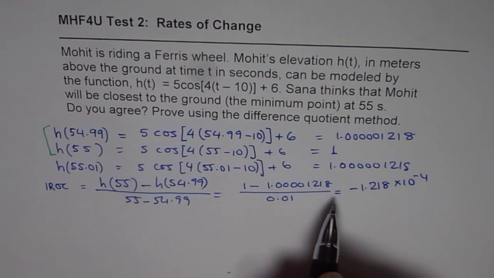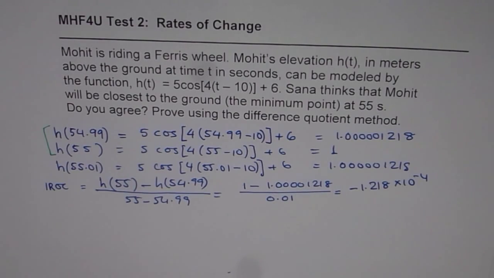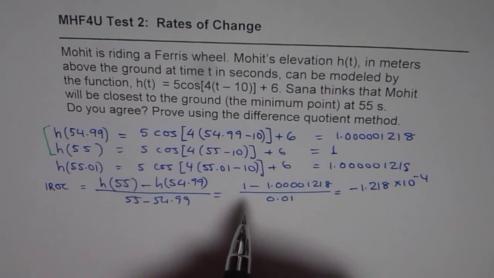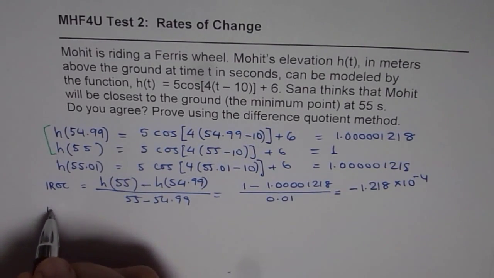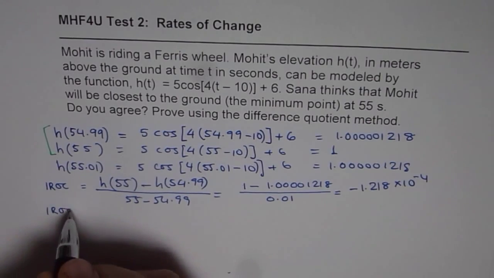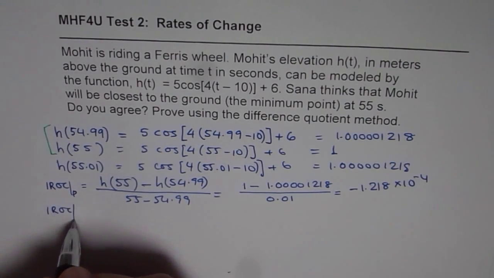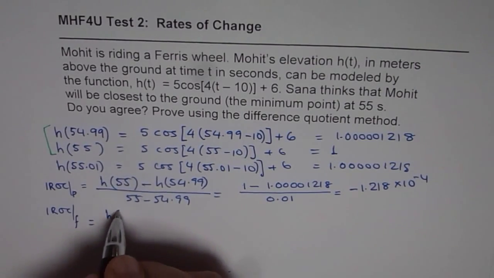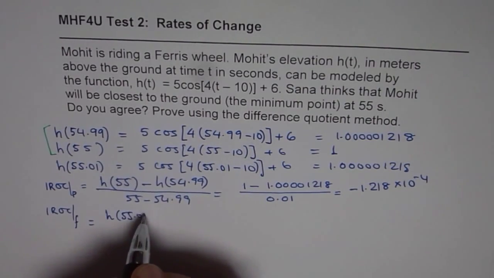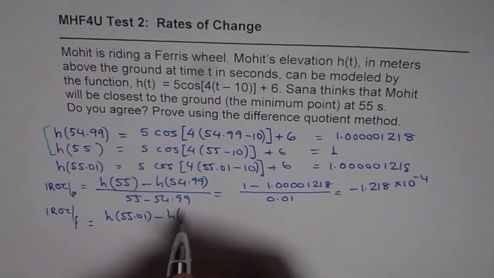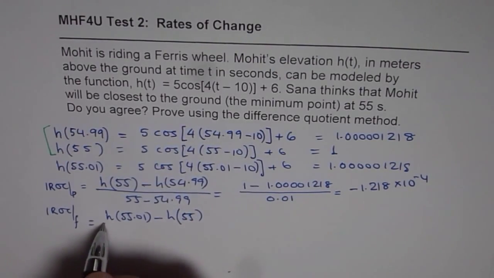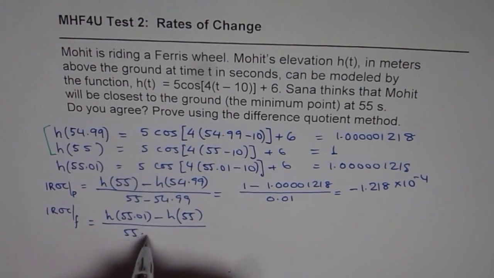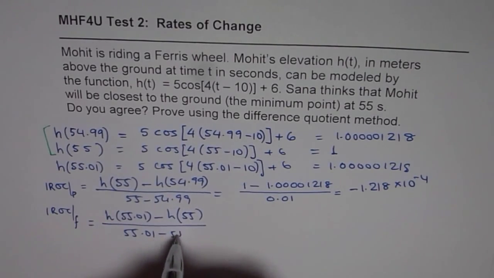Now let's find the following rate of change, right? Let's say this was preceding. Now we'll do following, which will be equal to h of 55.01 minus h of 55 divided by 55.01 minus 55, right?